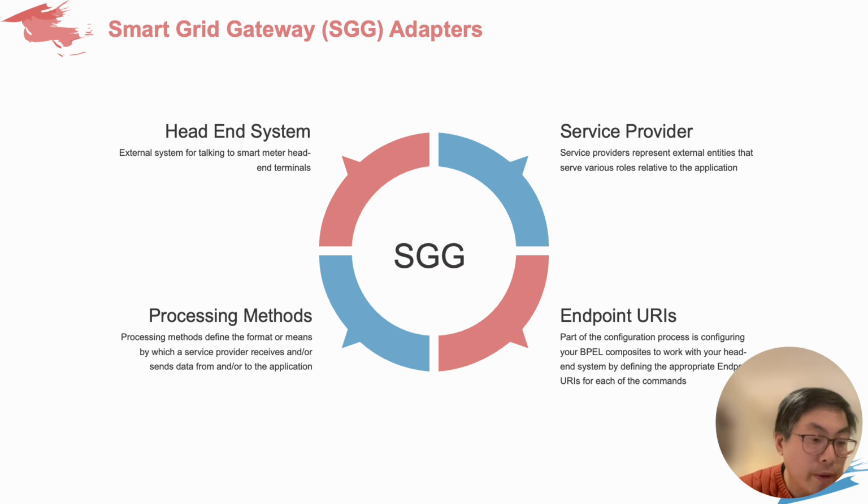The purpose of SGG is to talk to external systems in an orchestrated and declarative way of communication. The majority of SGG is based on activity objects and also communication objects.